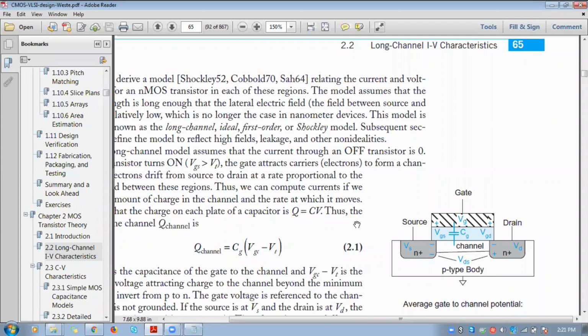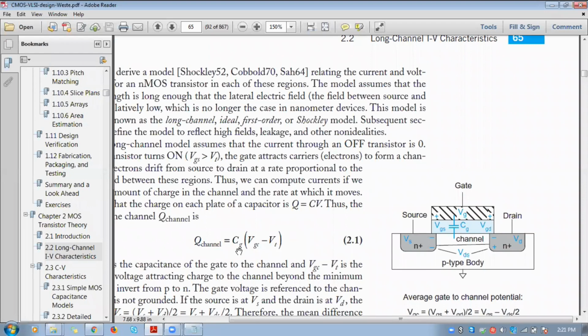After crossing the threshold voltage only, the inversion happens and we can attract the electrons. So we have to subtract the threshold voltage from VGC. That's why VGC minus VT. So Q channel equal to Cg into VGC minus VT is the expression for Q channel, and we also have to calculate the expression for time.